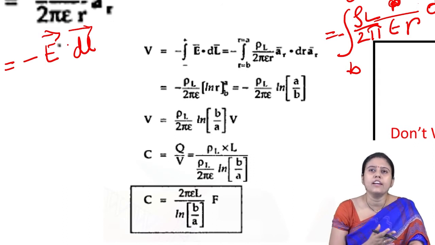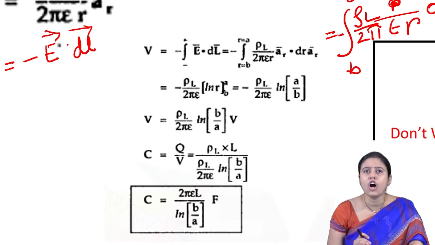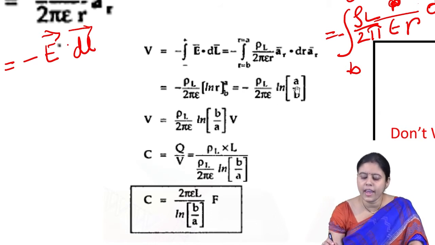Most of the time we write only log, but that is incorrect, because log means log base 10. Either mention log base e, or write Ln. So Ln A by B with the minus sign becomes Ln B by A.